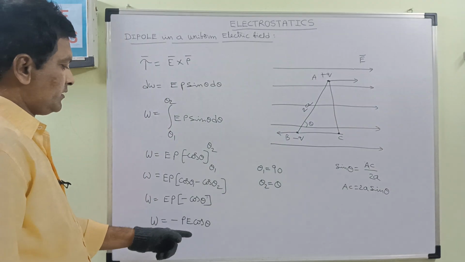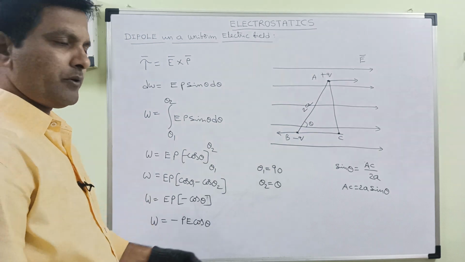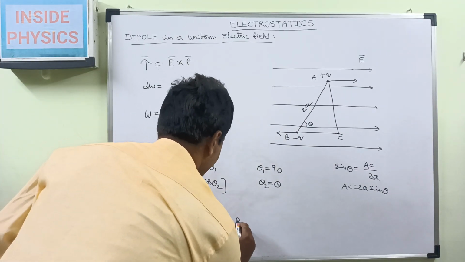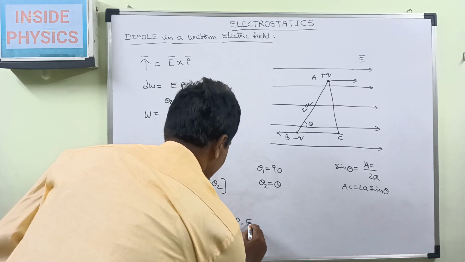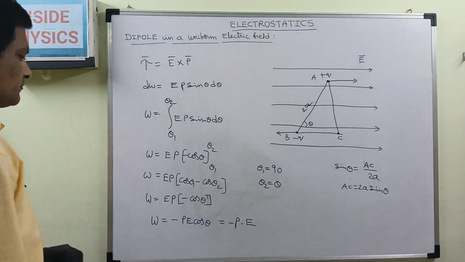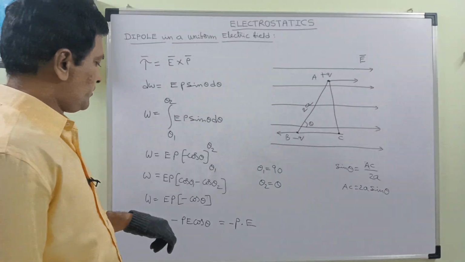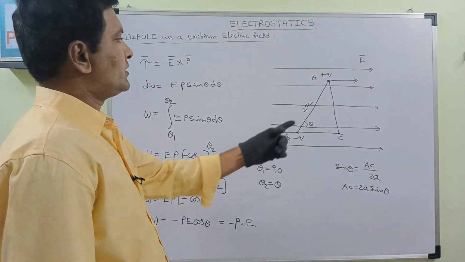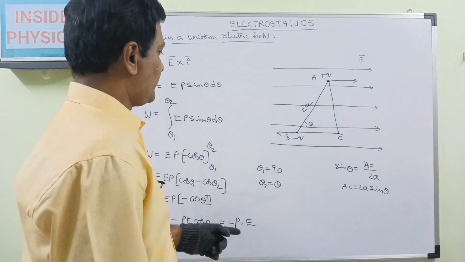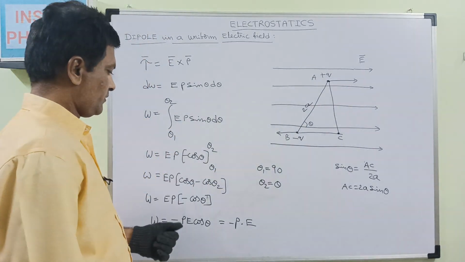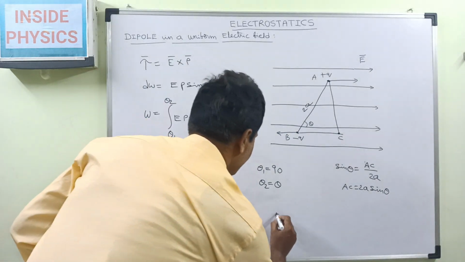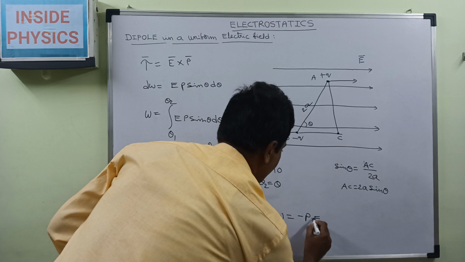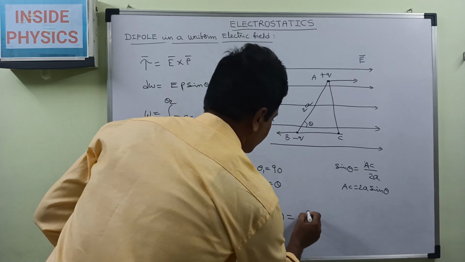So by this we can write it as a dot product of P bar and E bar. So here now we have calculated the total work done in moving this dipole between the angles theta 1 and theta 2. Okay, so the formula can be written as minus P bar dot E bar.